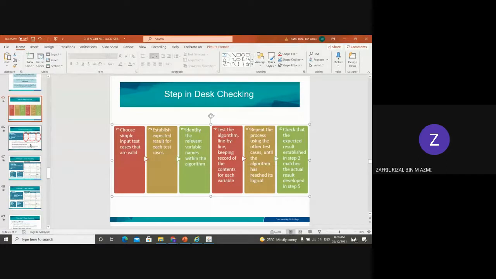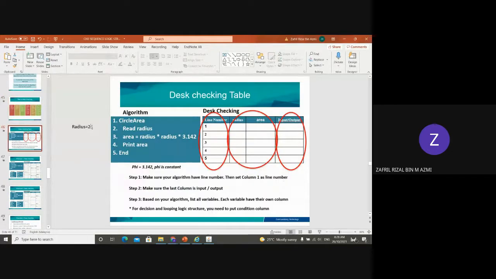Over here it is a simple problem, so you may get the expected result. The expected result is where you calculate the output manually. In this case, what is the output? The variable used for the output is area. Good.